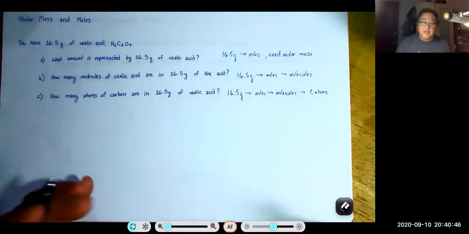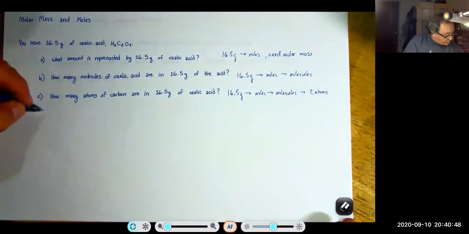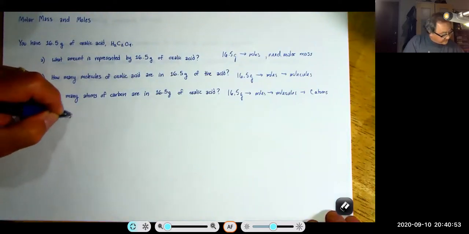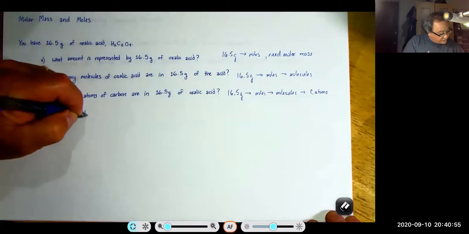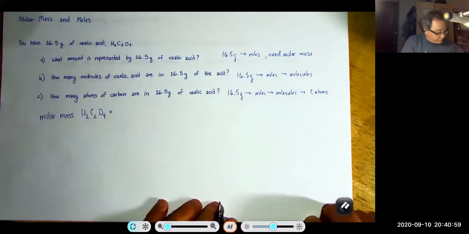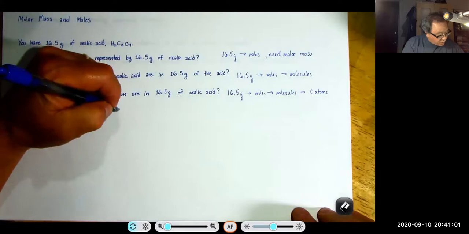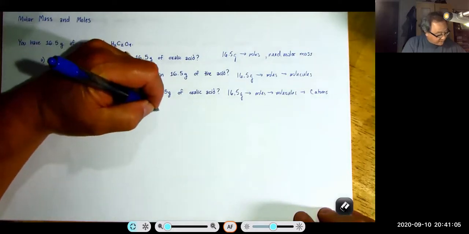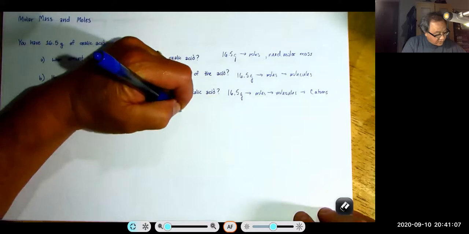So let's calculate the molar mass. Molar mass of H2C2O4 is going to be equal to 2 mole of hydrogen plus 2 mole of carbon plus 4 mole of oxygen.